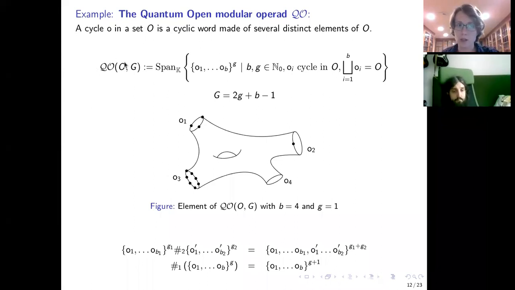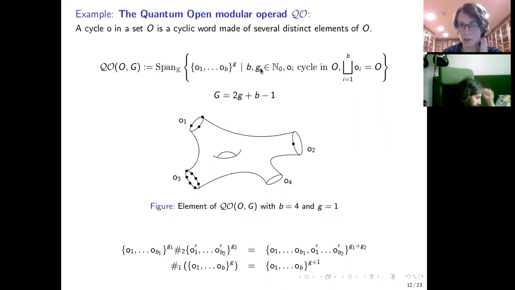Then each component of this modular operad will be indexed by this set O and the big G, and it will be spanned by elements of this form, where O1 up to OB are these cyclic words. Each of them is assigned to one boundary. So here, for example, on the picture, you have the cycle O1 on one boundary, O2 on the other boundary. And as you can see, we also allow the empty cycles.